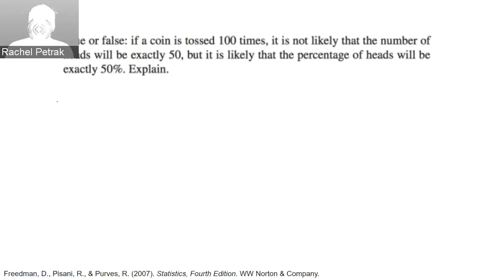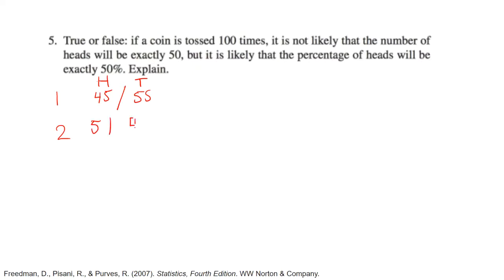Because we'd expect on each of those 10 trials of 100 tosses that, in a heads to tails ratio, it could be 45, 55, you could have anything. But you're more likely to have things that are close to the mean, but not exactly 50%.